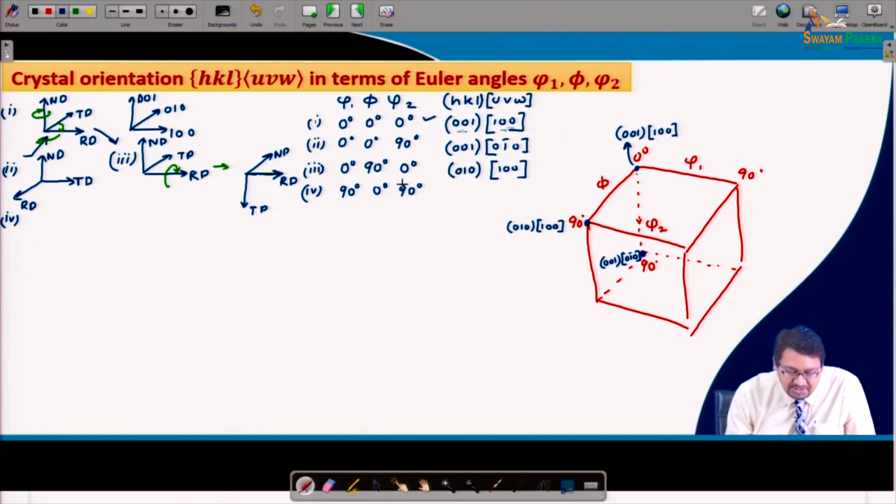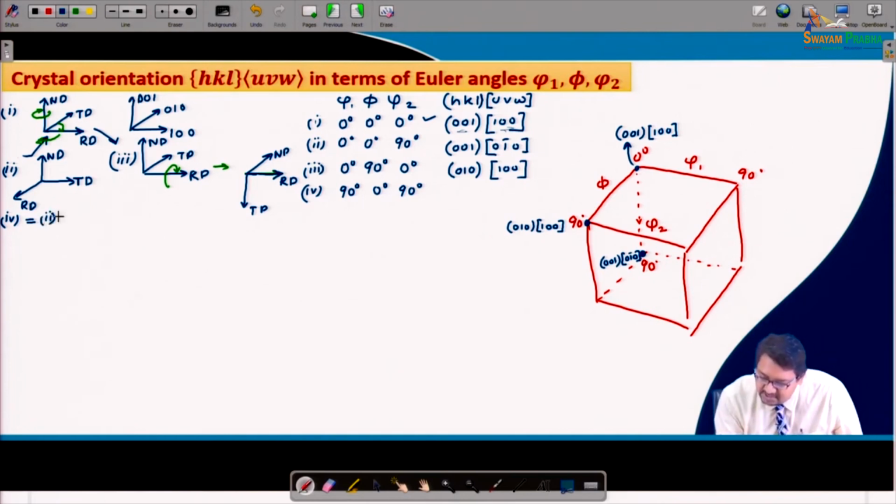So, the condition will be similar to the second condition, where the ND is basically rotated so that it forms TD here and RD here. So, this is equal to the second condition.